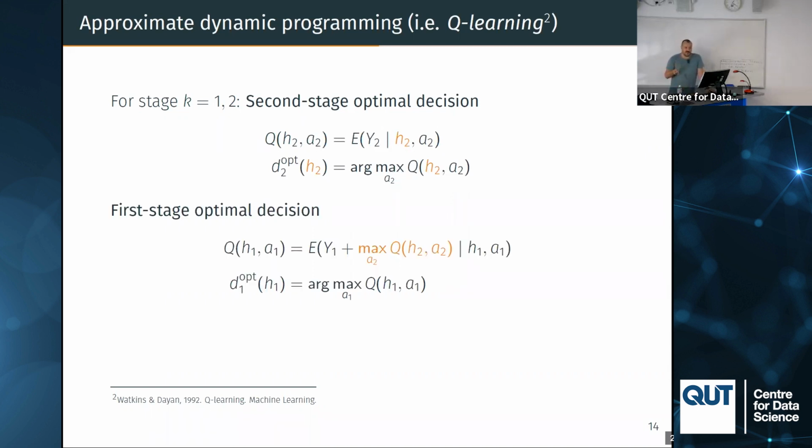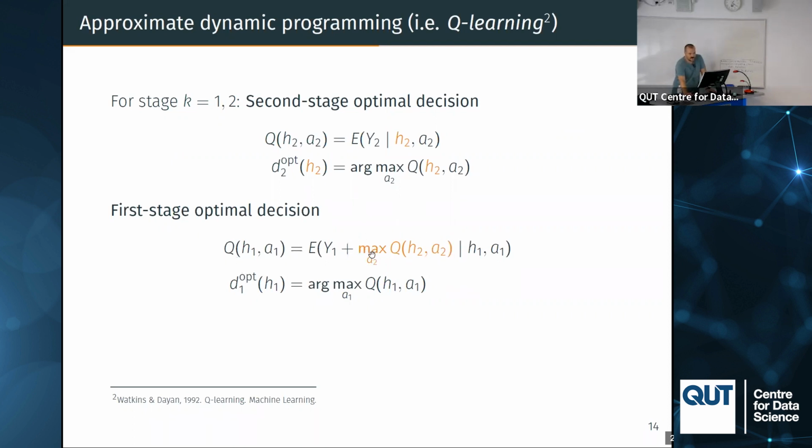And then in the first stage optimal decision, we do a similar thing. We have our Q function of history and treatment, and that's the expectation of the first stage outcome plus this nested expectation, which is just the conditional maximum in the second stage.